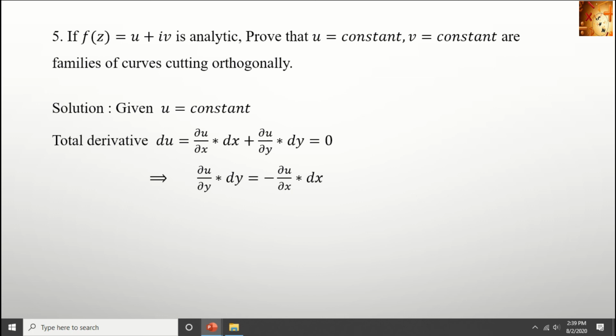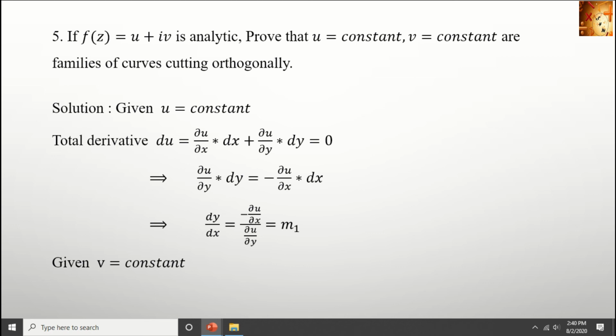Next I am going to find dy by dx, which is the slope of the first curve. So dy by dx equal to minus dou u by dou x divided by dou u by dou y. I am taking the slope as m1. Similarly, we can find the slope of the second curve, that is v equal to constant.